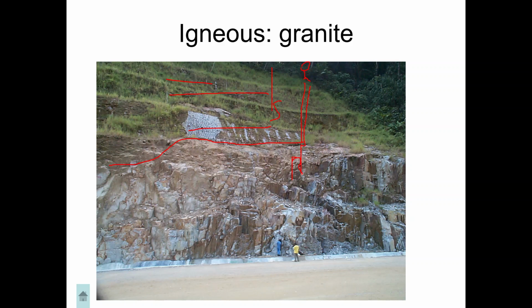Then you do boring and coring, and from the coring you find the fracture system. So you are able to find the rock quality designation. We will discuss this after this chapter, in chapter 6 or 7, on rock testing.